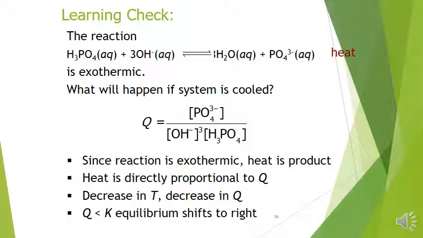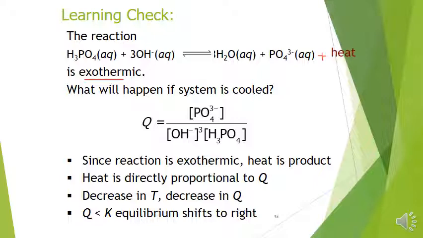All right, so now we're looking at a different reaction. Here I have phosphoric acid plus hydroxide gives me water and phosphate. And this is an exothermic reaction. What would happen if the system is cooled?